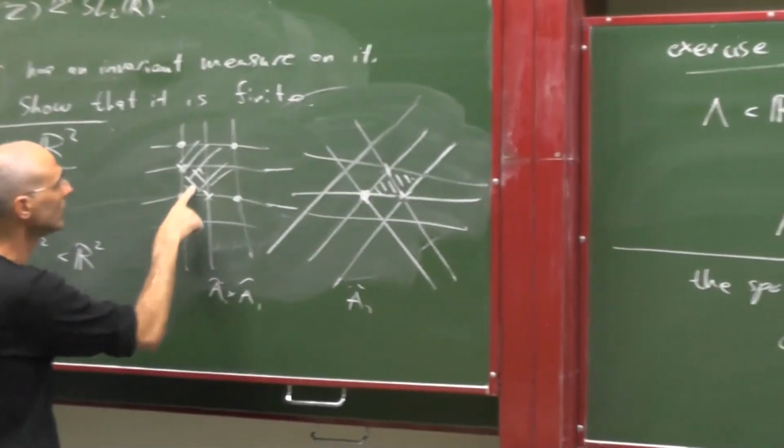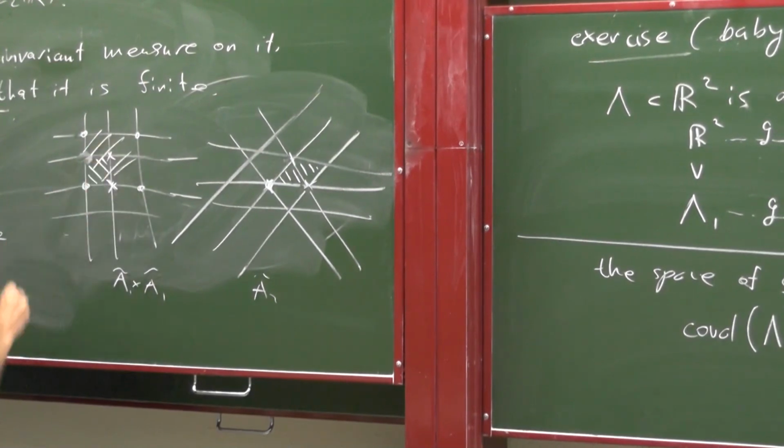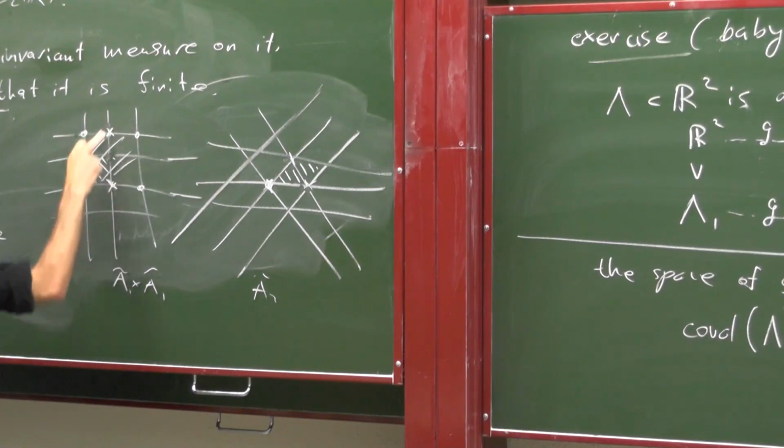This is a primitive basis. Also this one and this one is a primitive basis. This one and that one is not.